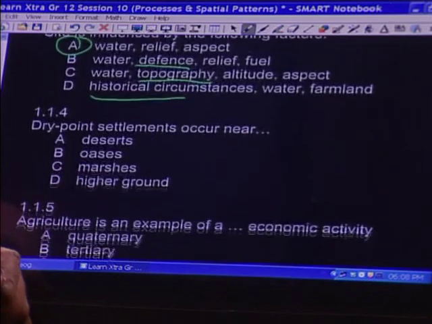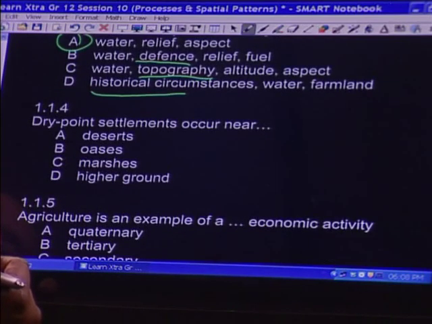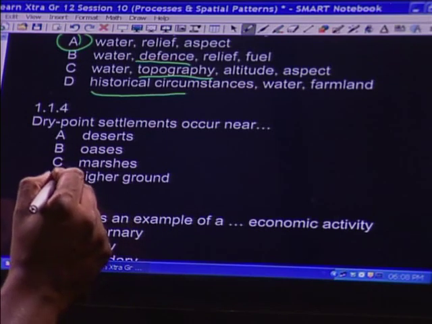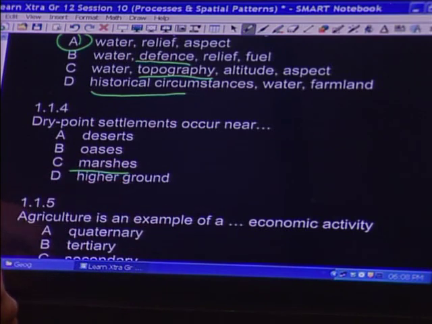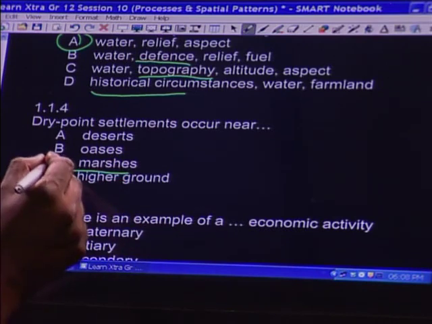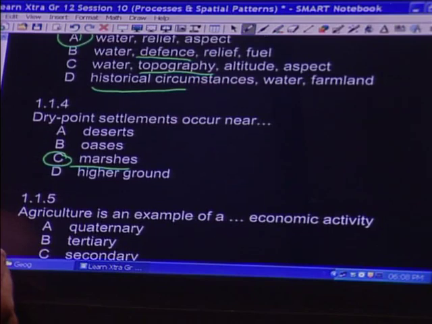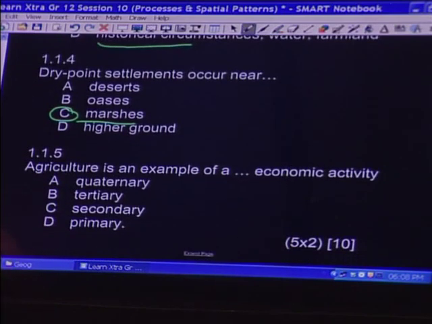Let's look at 1.4. Dry point settlements occur near: A, deserts, B, oasis, C, marshes, D, higher ground. In this example, marshes would serve as a threat, so therefore the dry point settlement option would be C. Moving on to 1.5. Agriculture is an example of what type of economic activity?